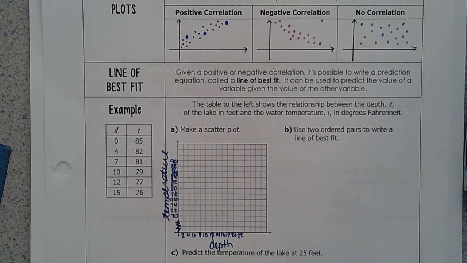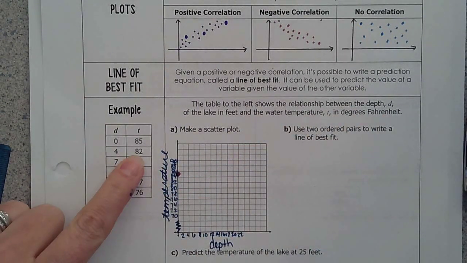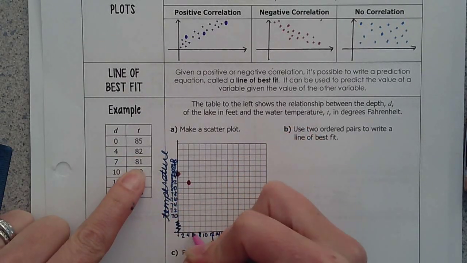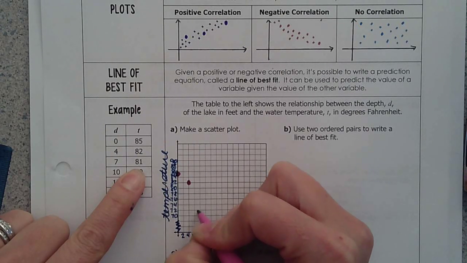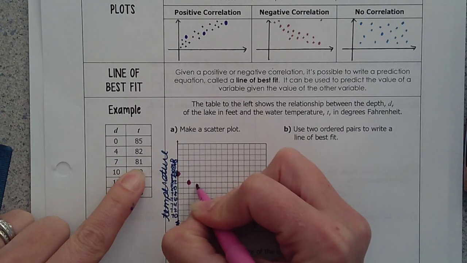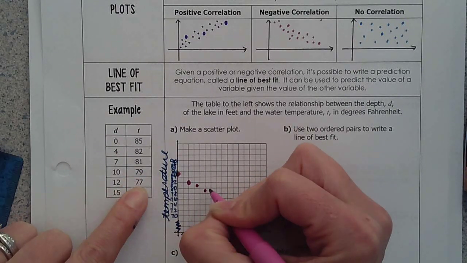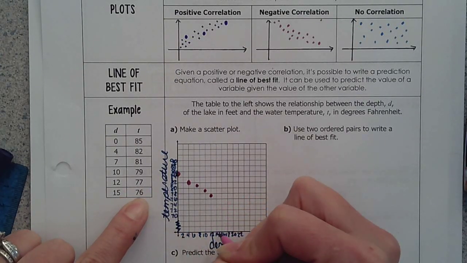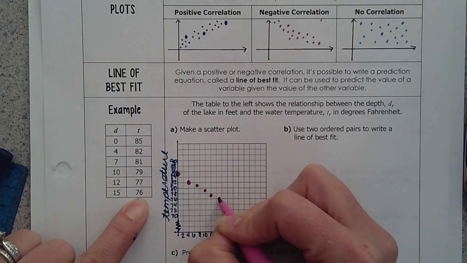Okay, now I'm going to put all my data on the graph. So I have a point at 0, 85. I have a point at 4, 82, 7, 81, 10, 79, 12, 77, and 15, 76.